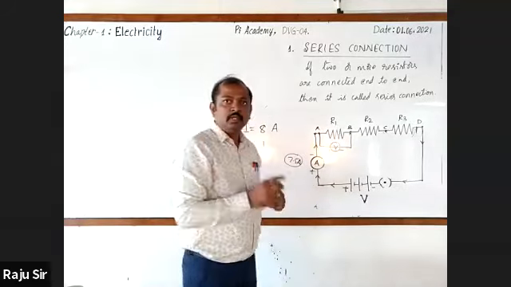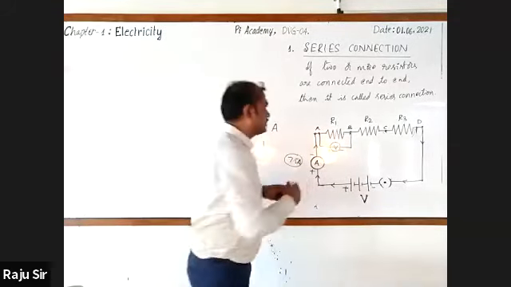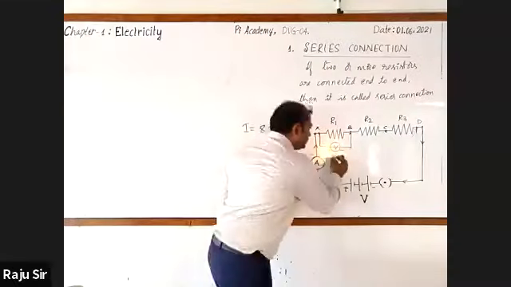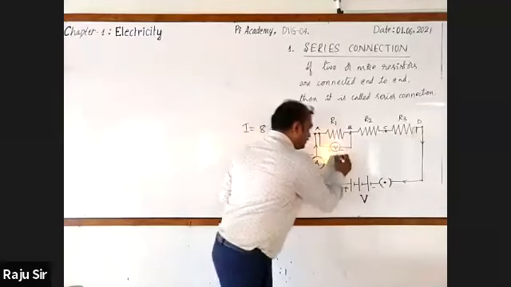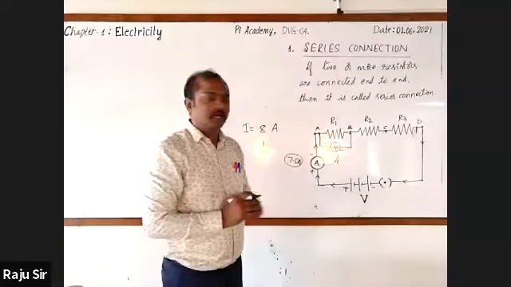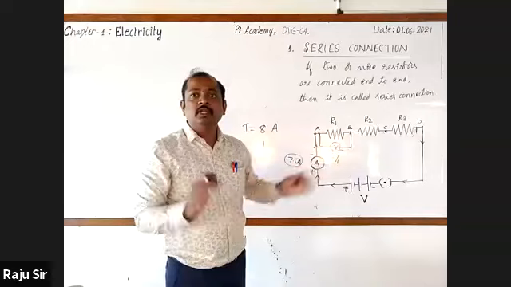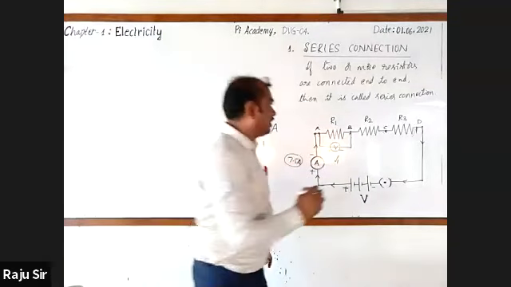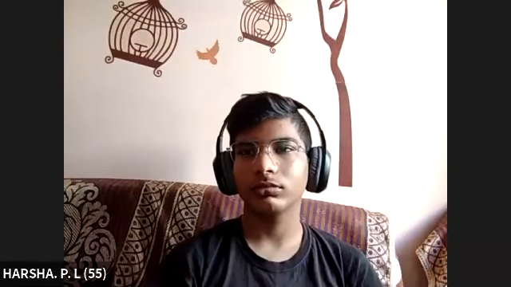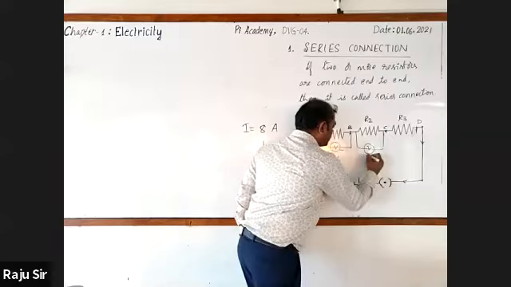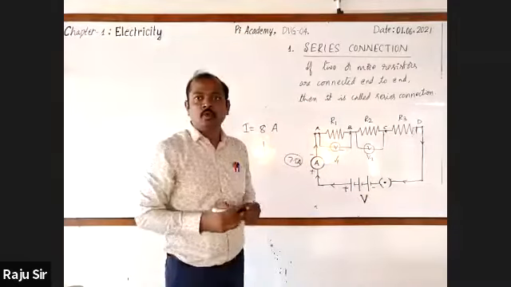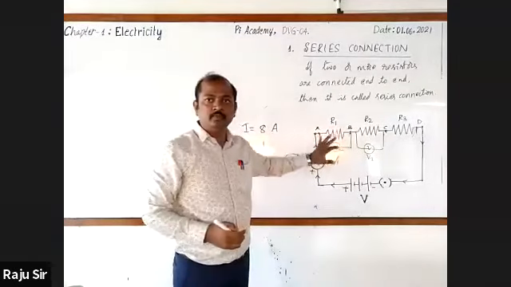If you want to get the voltage across R1, connect the voltmeter between A and B. I take this voltage as V1. Next, if you want to get the voltage across R2, connect B and C. I take this as V2. Voltage across R2 is V2.